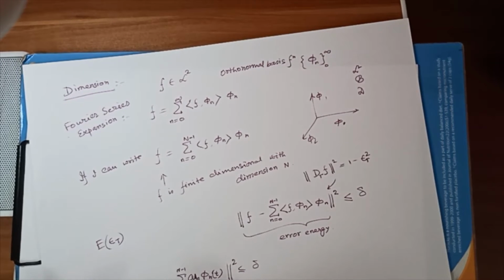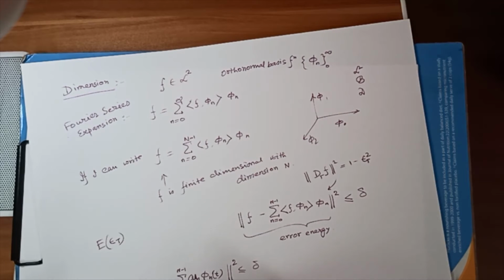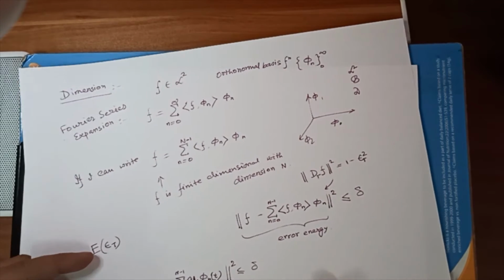This is essentially the span of the N basis functions, some arbitrary linear combination. So we can set up the optimization problem from here.